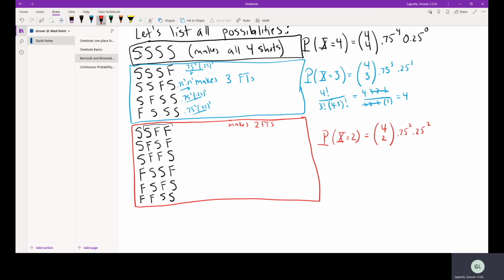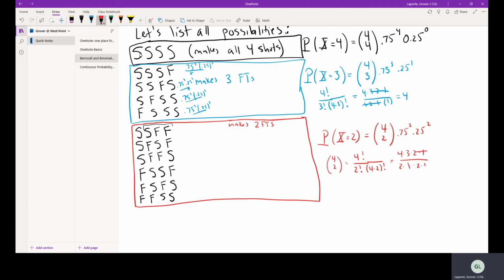And then 4 choose 2, just to rehash this, 4 choose 2 is equal to 4 factorial over 2 factorial, right? So just bringing that one over, and then 4 minus 2 factorial. So this is the combination business. And then 4 times 3 times 2 times 1 over 2 times 1, 2 times 1.